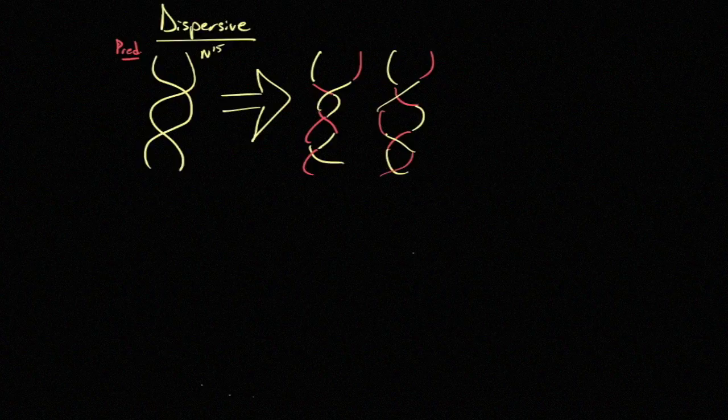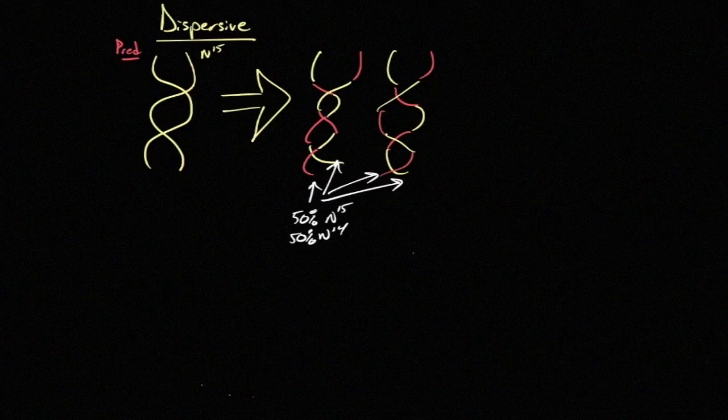All right, so you got these two molecules that are each of the strands of the DNA. Each of these strands are made about 50% nitrogen 14 and 50% nitrogen 15. That's each of these strands, all four of them.